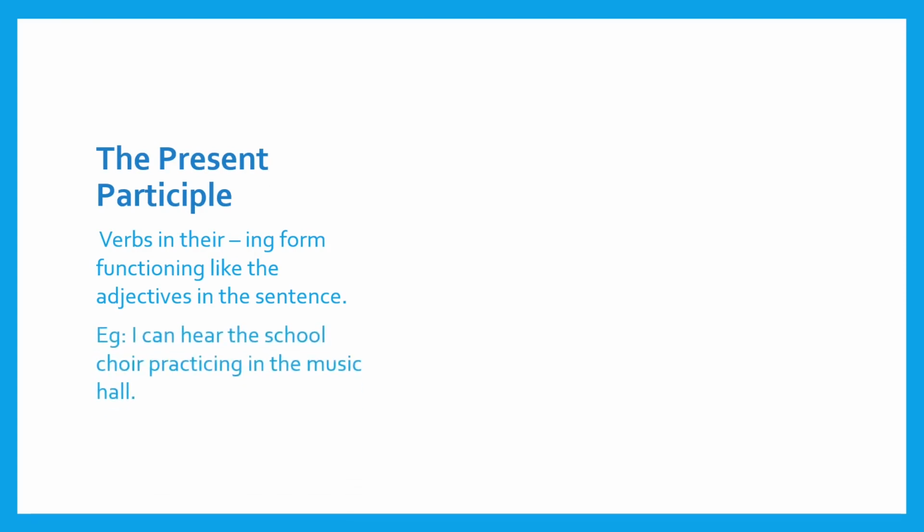Example, I can hear the school choir practicing in the music hall. So we can clearly understand that the present participle also works as a verb or looks like the gerund, but it works or functions as an adjective.